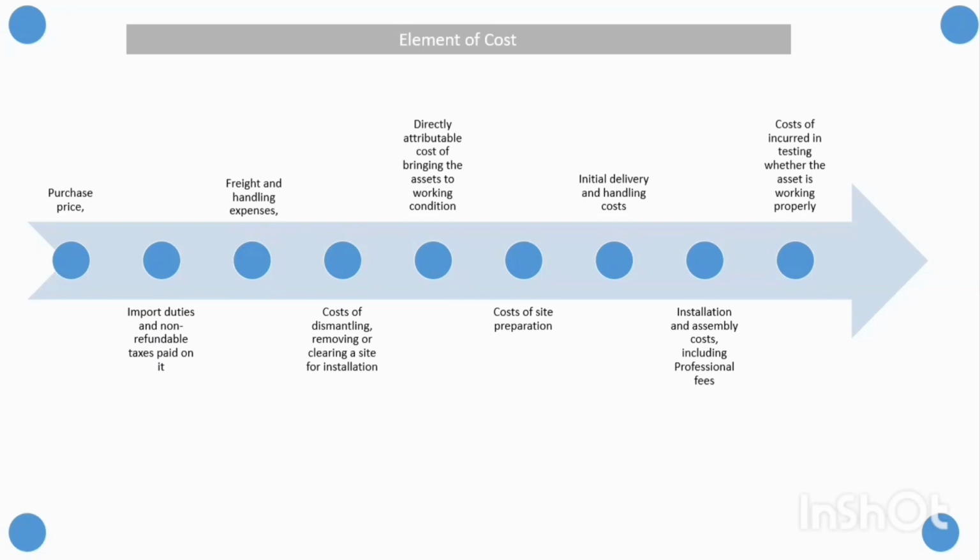Also, there is the initial delivery and handling cost. If there is a need to transport the asset to the location where it will be used, that cost of delivery should form part of the initial cost of the asset.